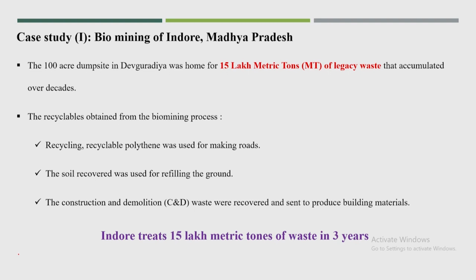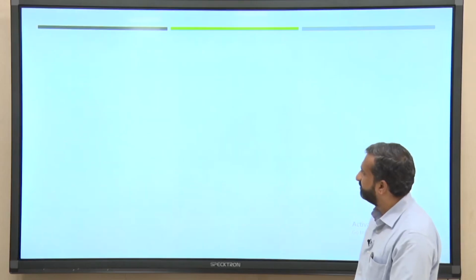When they started biomining, their idea was recycling and reuse. Recovered polythene was used in road construction, recovered soil was used for filling grounds, and construction and demolition waste was sent to produce building material. So, that material was utilized further, and Indore treated 15 lakh metric tons of waste in a 3-year period. That is a similar kind of biomining facility.